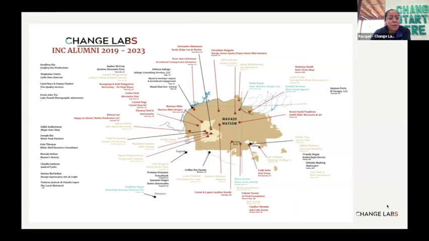Even though some of us may be competing with each other as far as what our business is, we support each other through our operations. I really like this visual that Holly put together as well. It puts into perspective where all of our alumni members are.